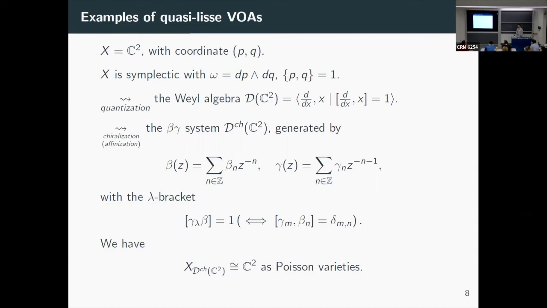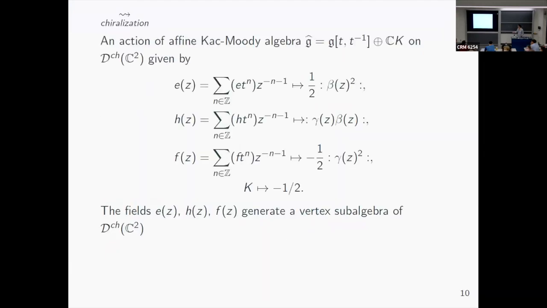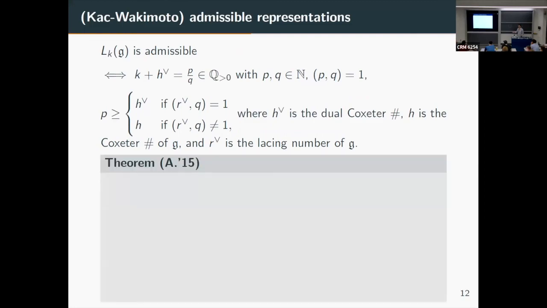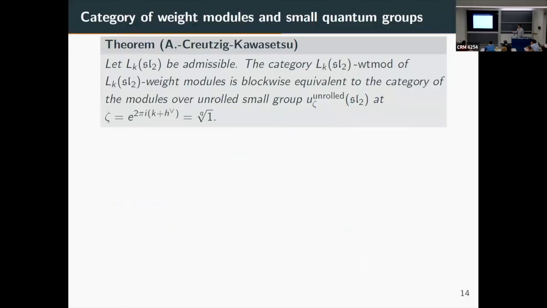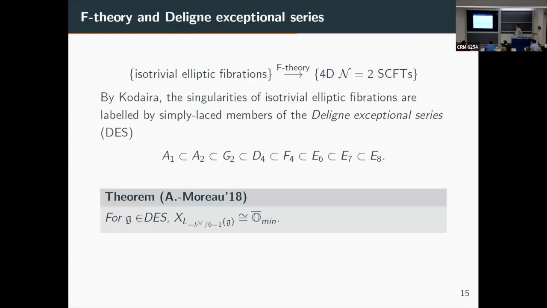Any more questions? You mentioned this family of vertex algebras related to Kodaira's singular elliptic fibrations in two dimensions. Do you have any expectation that some enumerative invariants of those surfaces factor through the vertex algebras? I don't know the answer, but there is one interesting observation by Tachikawa.